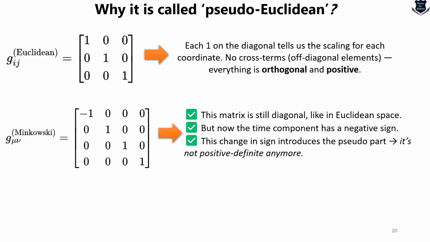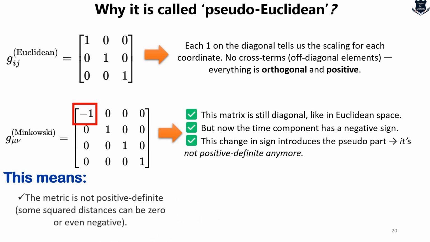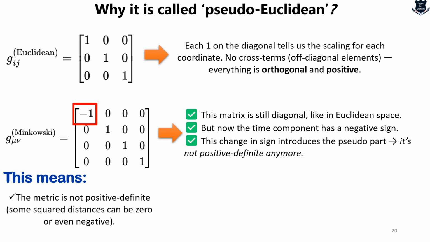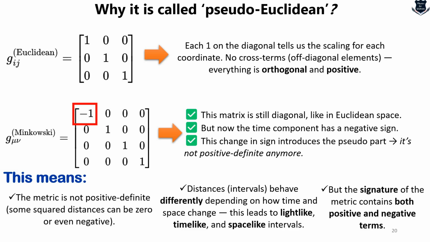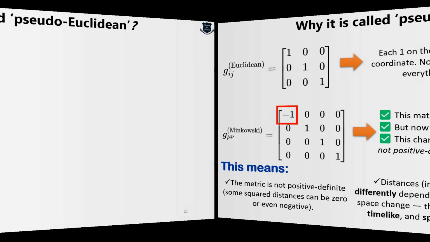If I take the Minkowski, the matrix is still diagonal like in Euclidean, but has got a time component, this one, which has got a negative sign. That means, first of all, the metric is not positive definite. Obviously, it has got a negative one. Distances behave differently. We will see why it is called light-like, time-like and space-like. And the signature of the metric contains both positive and negative terms.